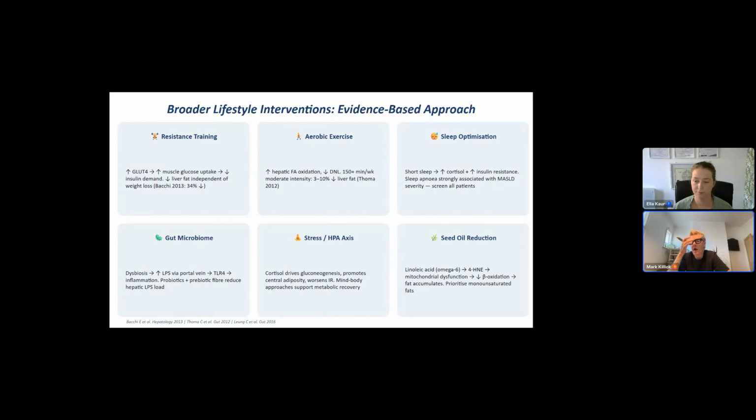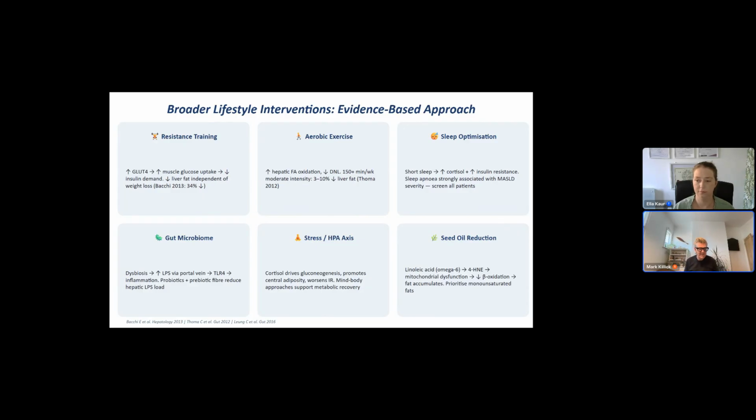So seed oil reduction, there's no doubt that the omega-6s increase inflammation, mitochondrial dysfunction, and therefore decrease fat oxidation within the fat, so we get more fat accumulation. So once again, this is where another intervention, omega-3 fatty acids, can be particularly important as far as the interventions are concerned.